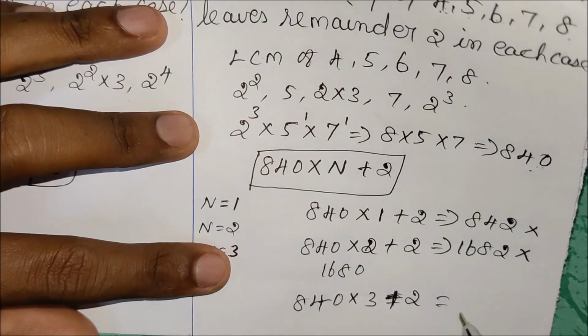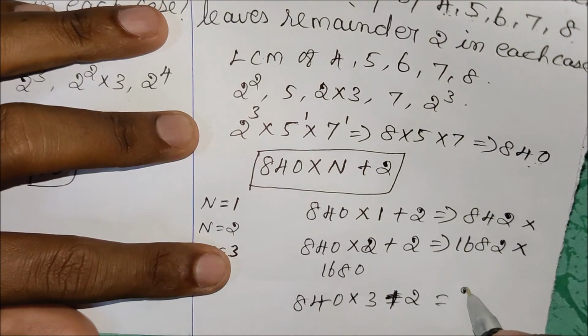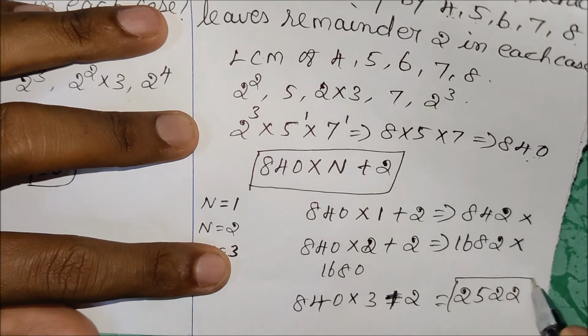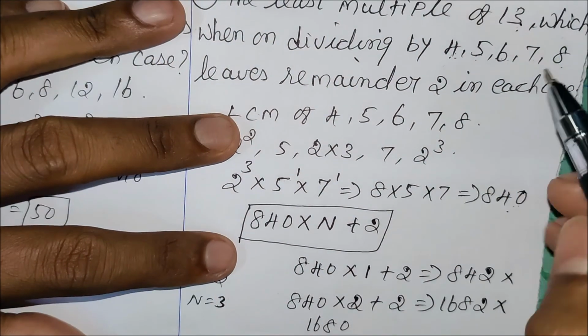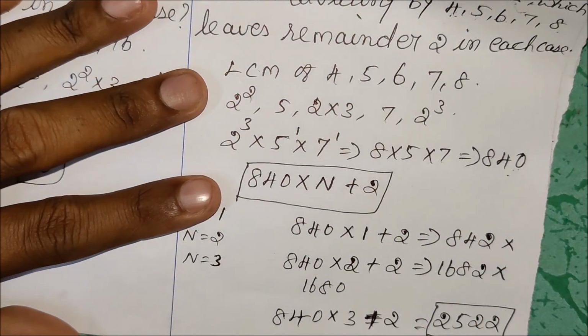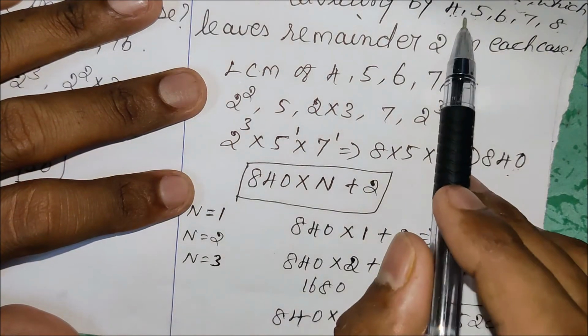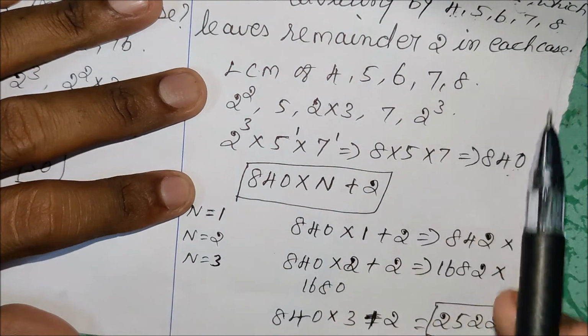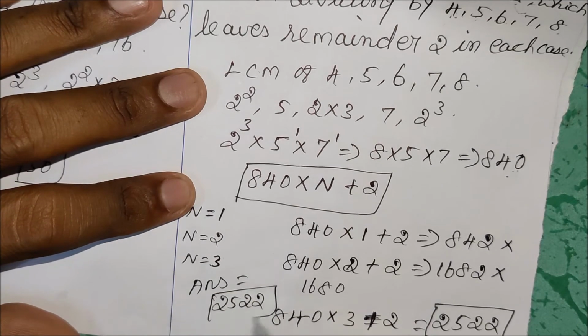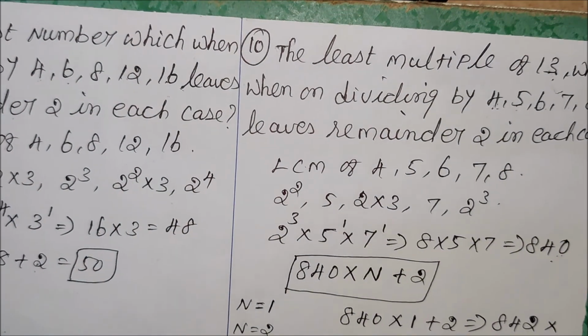When we manipulate this, we get 2522. This is a multiple of 13, and when 2522 is divided by 4, 5, 6, 7, 8, it gives the remainder 2. So the answer should be 2522.